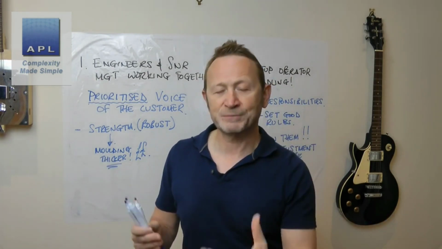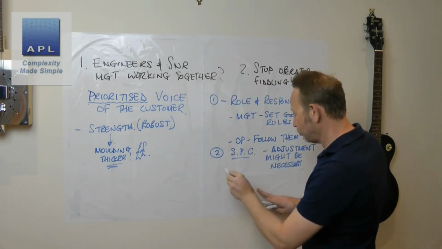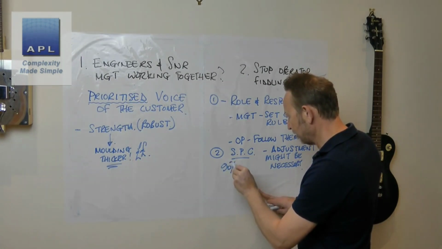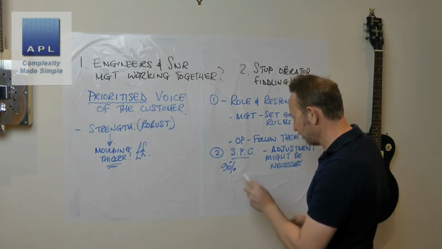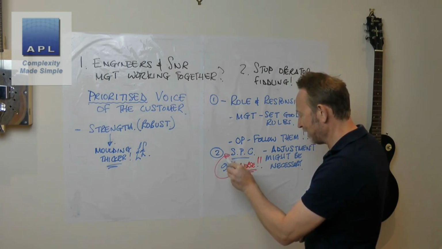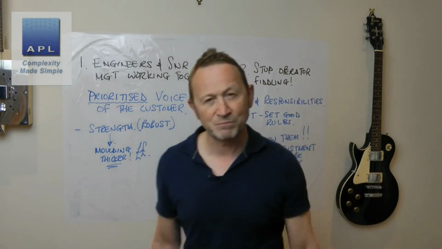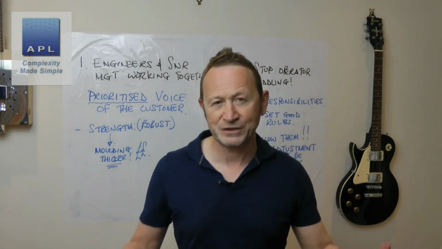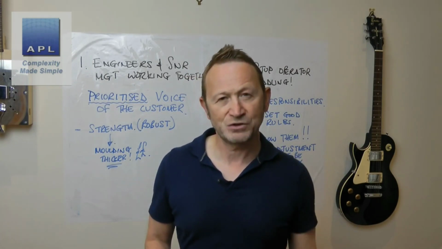What an operator will typically do without this tool, 90% of the time, is make your process worse, because you cannot be bothered to give them a simple graph and a pencil and a piece of paper and teach them how to use it.